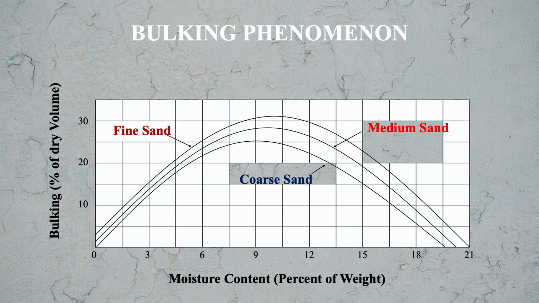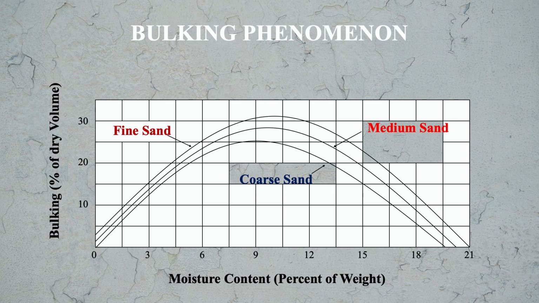And you see that at a particular moisture content, generally between 9 to 10% here, bulking is maximum. So initially, when the water content is less, bulking is almost 0.